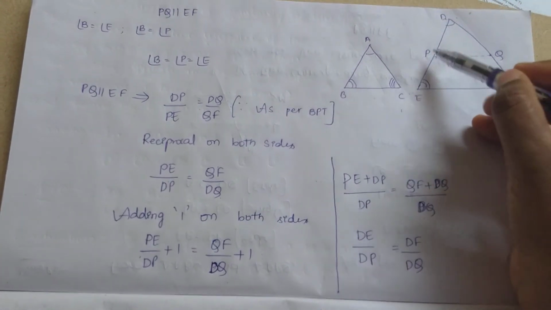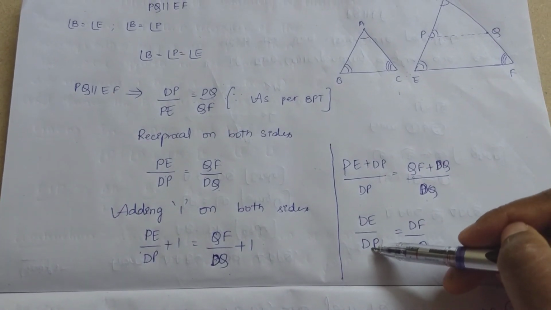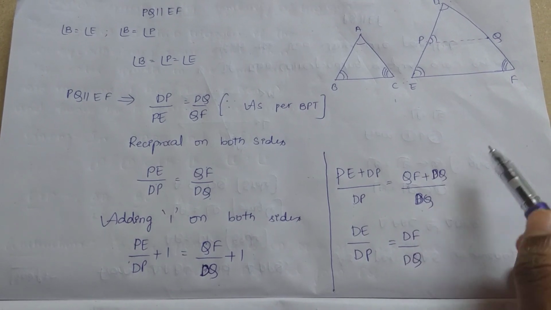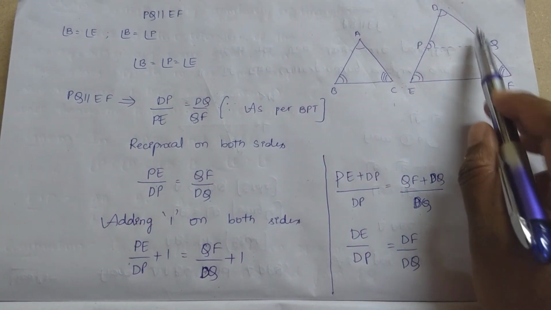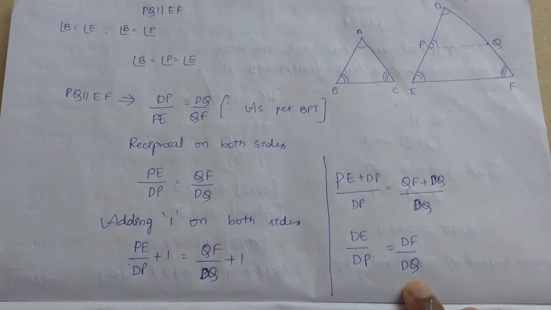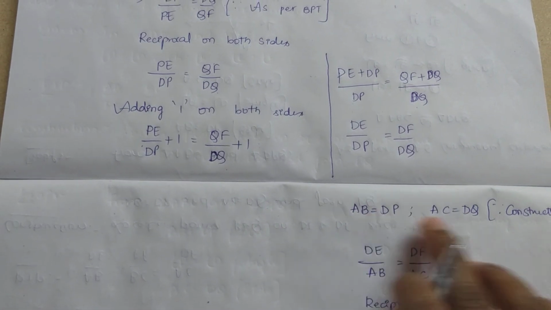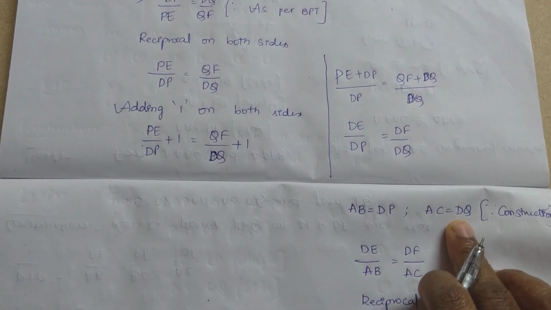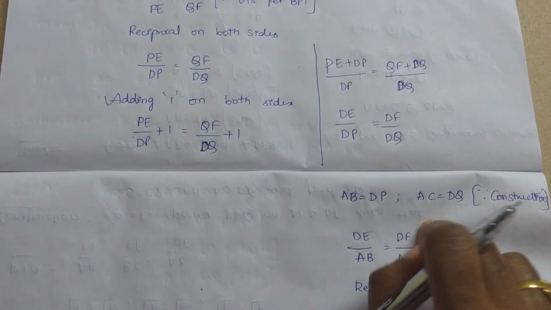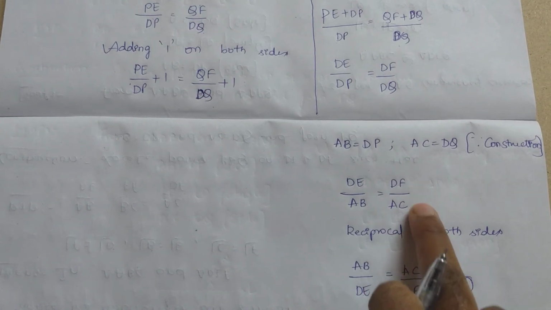PE plus DP gives us DE, so DE by DP equals QF plus DQ, which is nothing but DF by DQ. From the construction part, we have written that AB equals DP and AC equals DQ. Let's substitute AB and AC in place of DP and DQ. So it becomes DE by AB equals DF by AC.